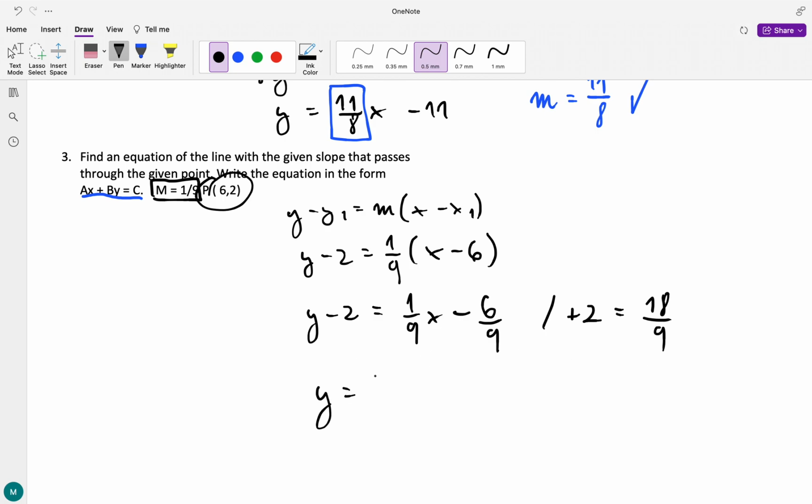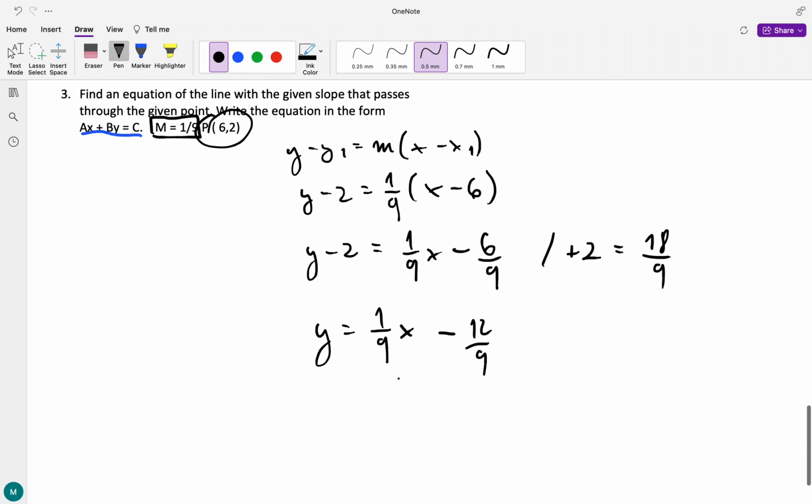So y is equal to 1 over 9x minus, ask yourself, what is negative 6 plus 18? That's 12 over 9. Okay, and I purposely left the fractions with the 9 because right now I can multiply both sides by 9 to get this equation into the standard form. So we're going to end up with 9y equal to 1x minus 12.